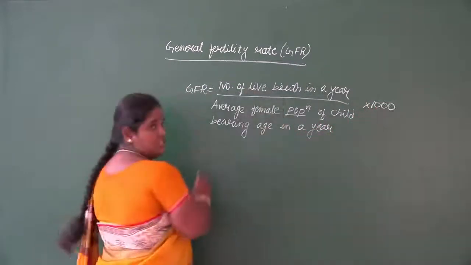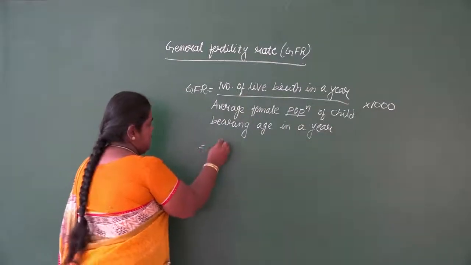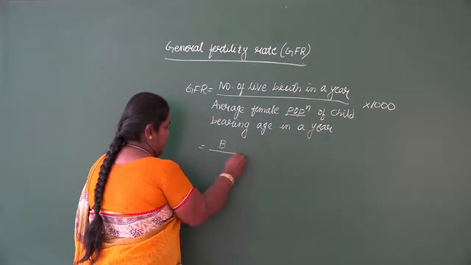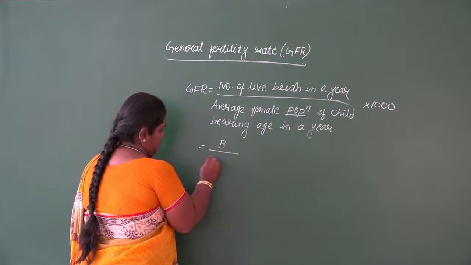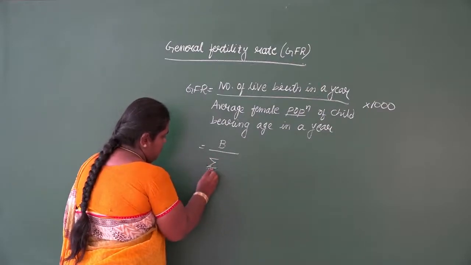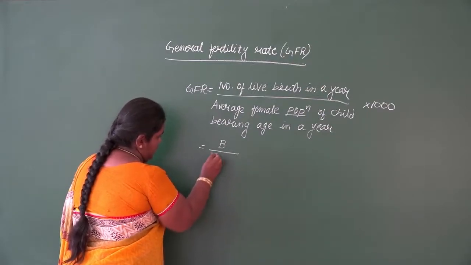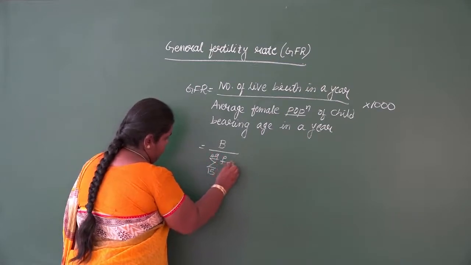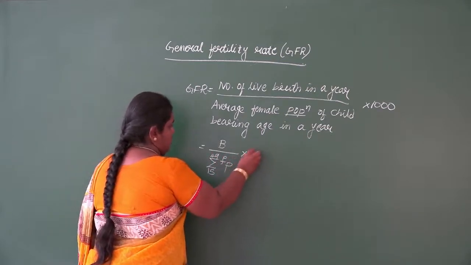So in terms of symbol, we can write it as number of live births is B divided by sigma 15 to 49 female population into 1,000.